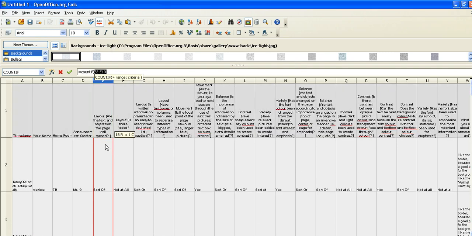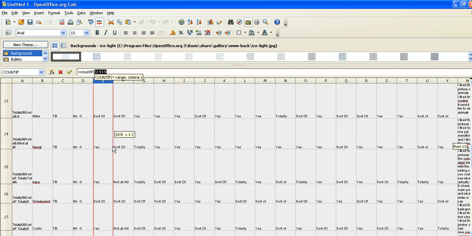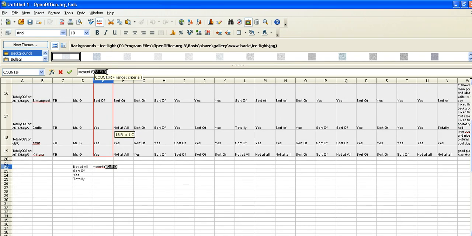I'm going to highlight to choose the range, and there it is. And then I am going to include a semicolon, and then I want to include the contents of that cell, not at all.